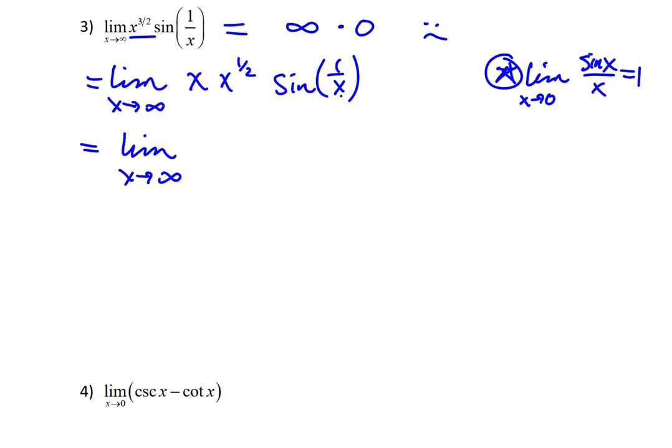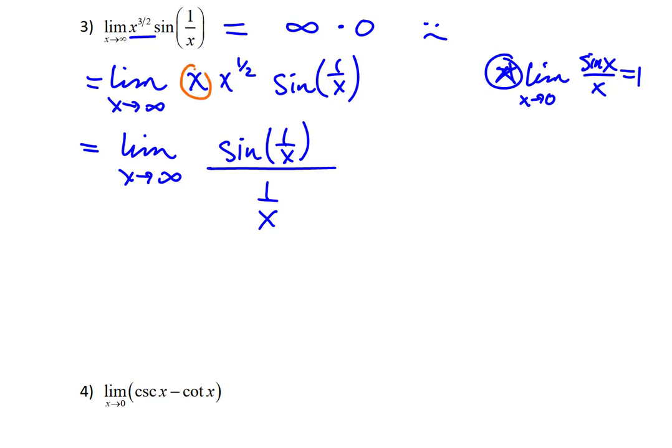What we're going to do is leave the sine in the numerator. So we have sine of 1 over x, but then I'm going to do some algebra here and make this over, so sine of 1 over x over 1 over x. Now you may say, well, how'd you do that? Well, remember, dividing by 1 over x is the same thing as multiplying by x, which means we've accounted for that x factor in that way.